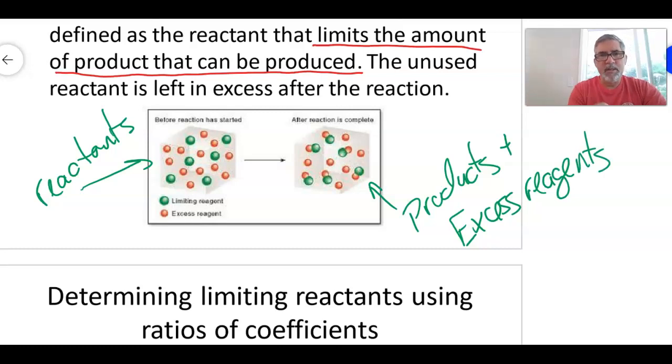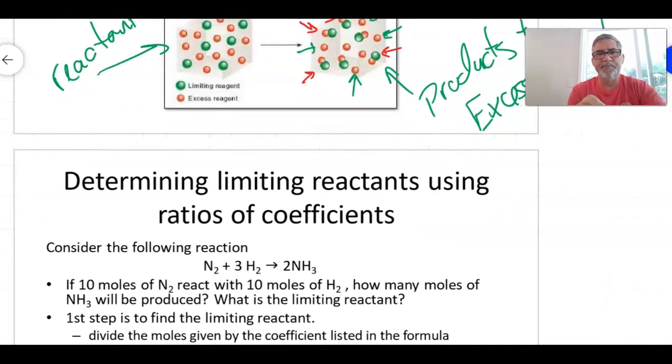If you see the reactants here, you'll notice that all around here I've got excess molecules. So these are all my excess reagents, and over here these are all the completed molecules. You can see that all of the green ones were used up. So the green has to be the limiting reactant because it was used up, and everything else is excess.